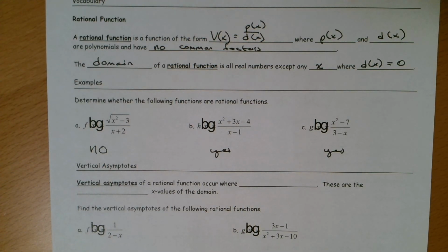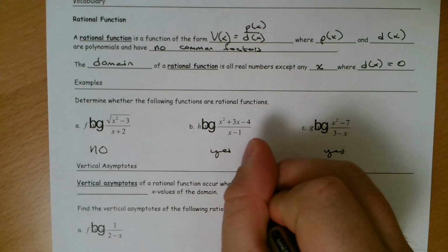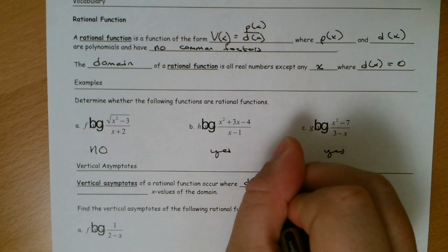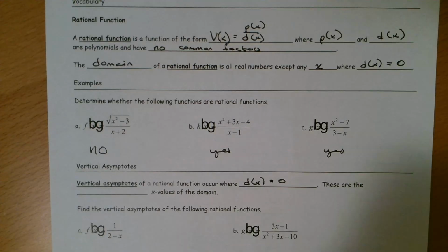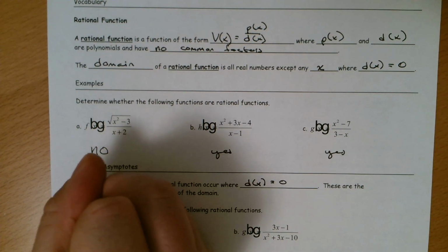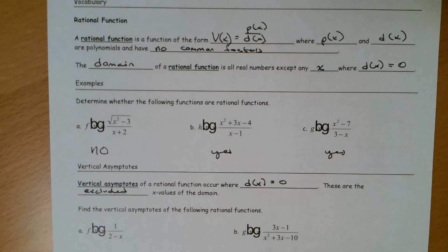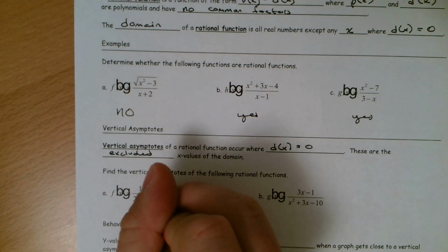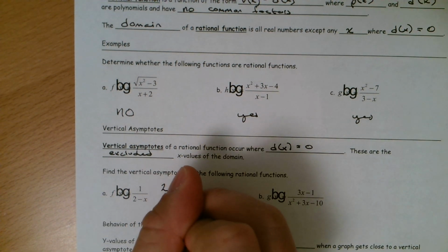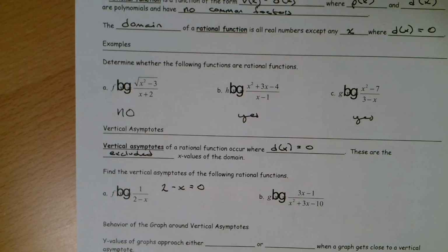Now let's talk about vertical asymptotes. Vertical asymptotes of a rational function occur where the bottom is equal to 0, the values that we're not allowed to have. So these are the excluded x values of the domain. In a quick example, we're saying 2 minus x equals 0. That would be a bad thing.